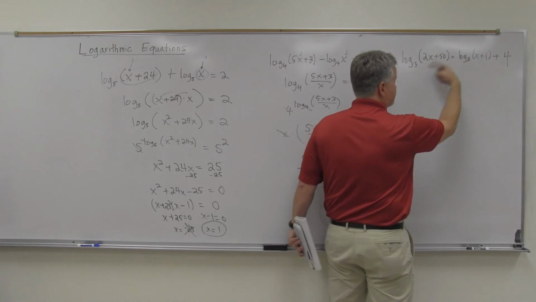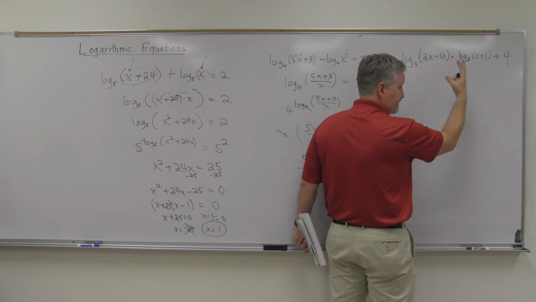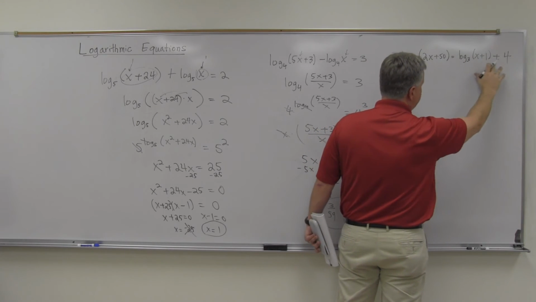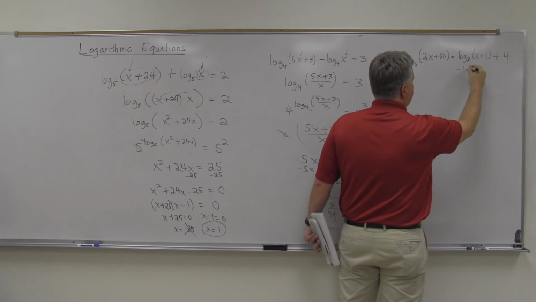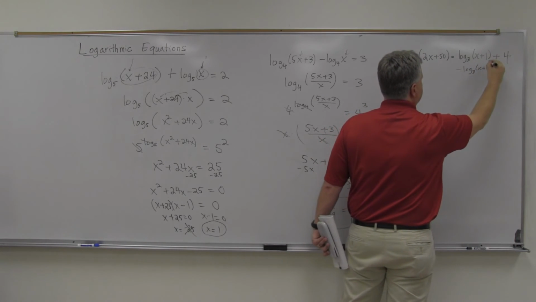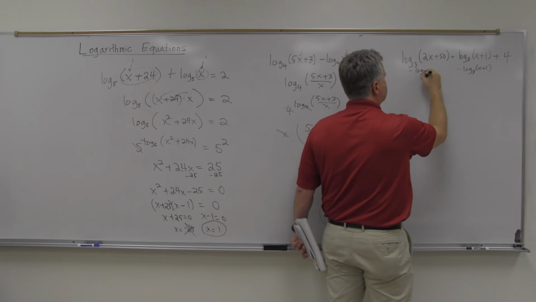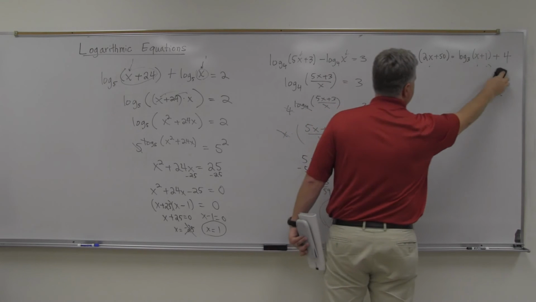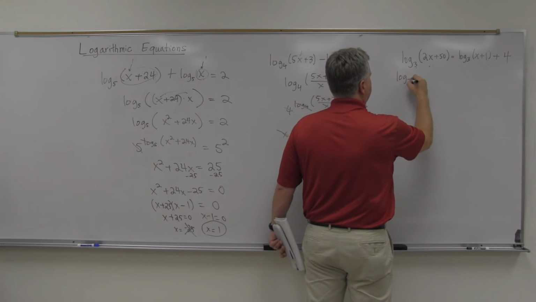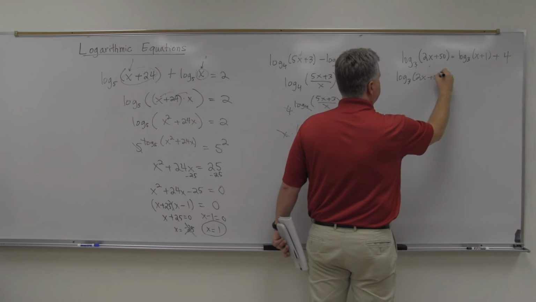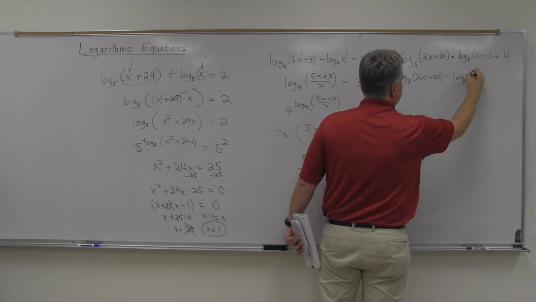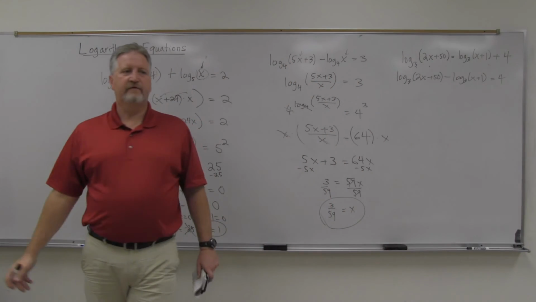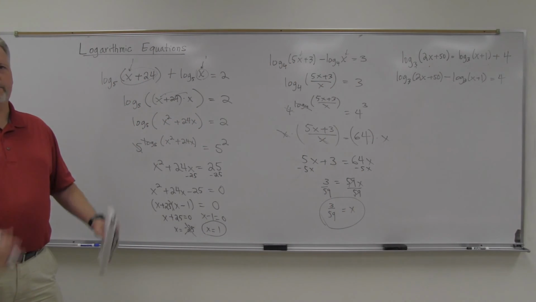Well, I just bring this one over by subtracting it, just like I would any other number or expression. Subtracting log base 3 of x plus 1 from both sides, that's what I get.